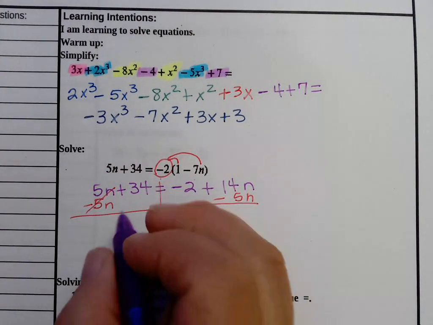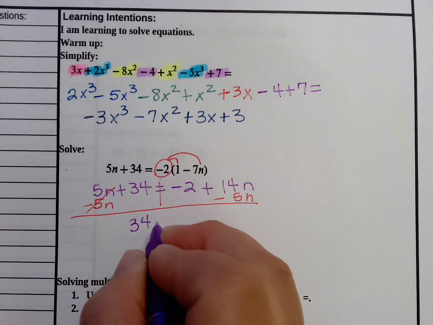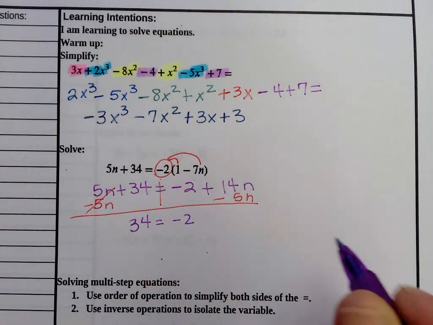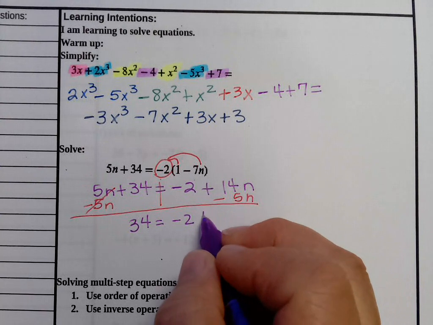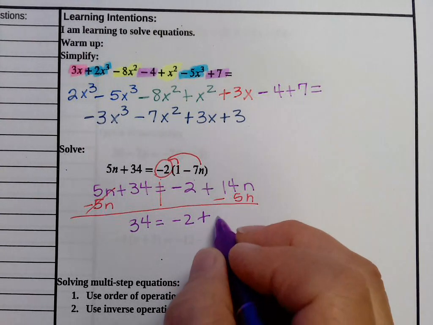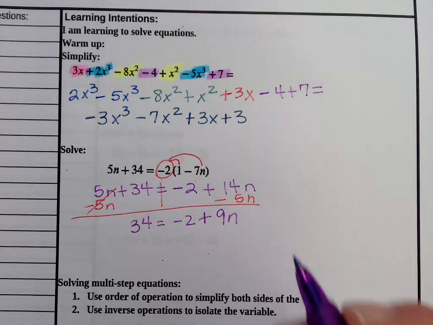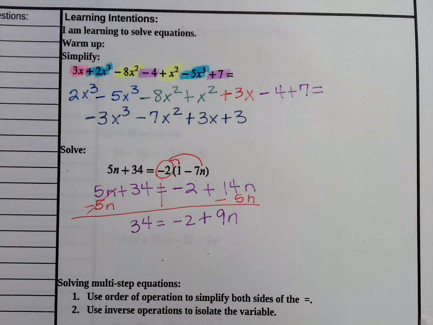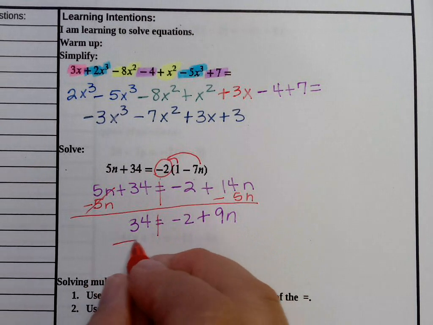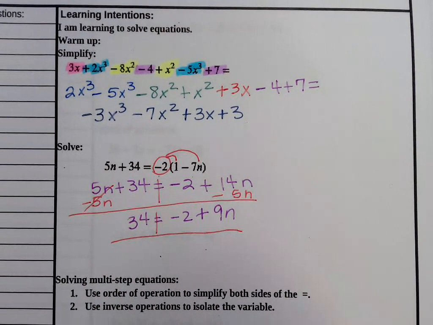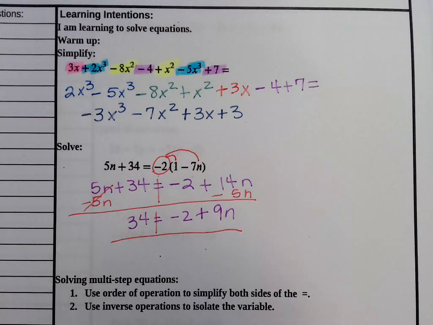34 is equal to negative 2 plus 14 minus 5 is 9n. Okay, next step. Get all your numbers to the same side. I've subtracted 2.